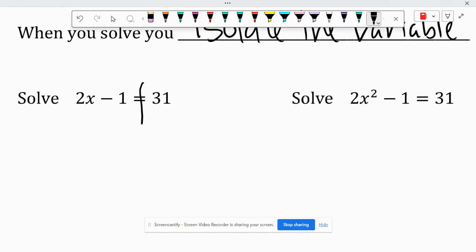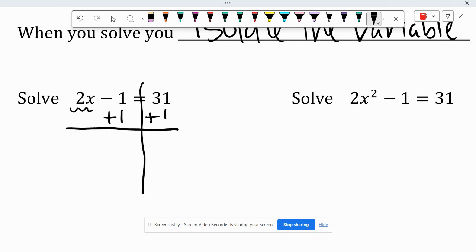What would I do first, Quali? Trying to get x all by itself. What do I have to move away first? Yeah, I have to add 1 to both sides, right?